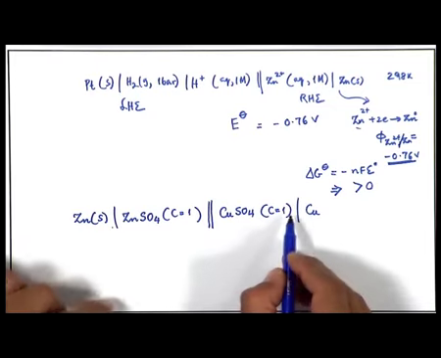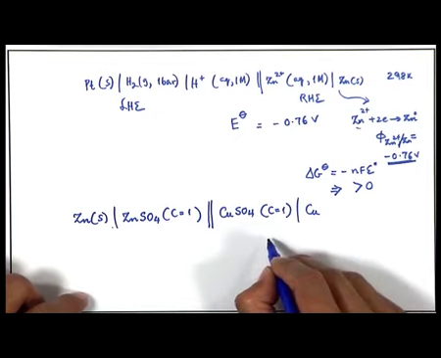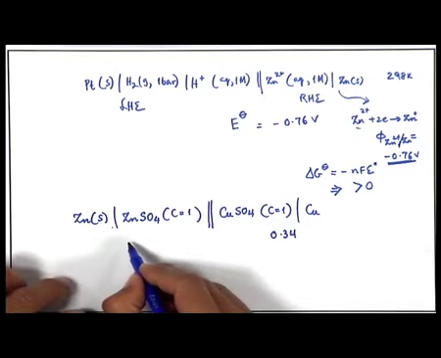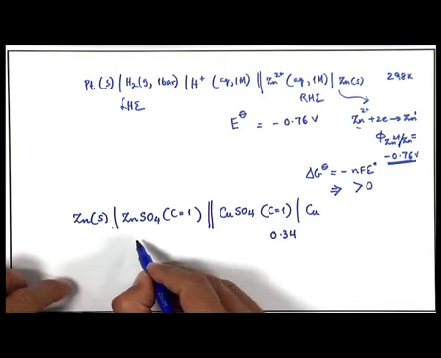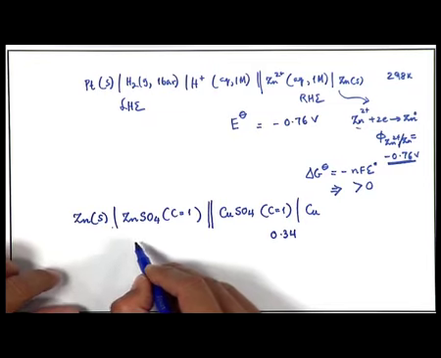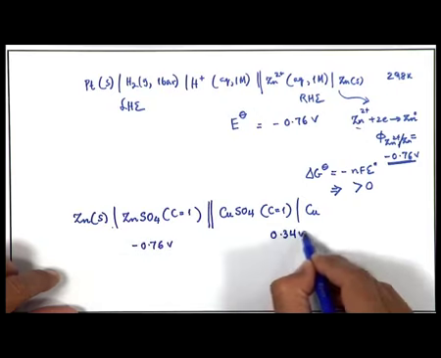The reduction potential for this is 0.34 volt, and for this it is minus 0.76.